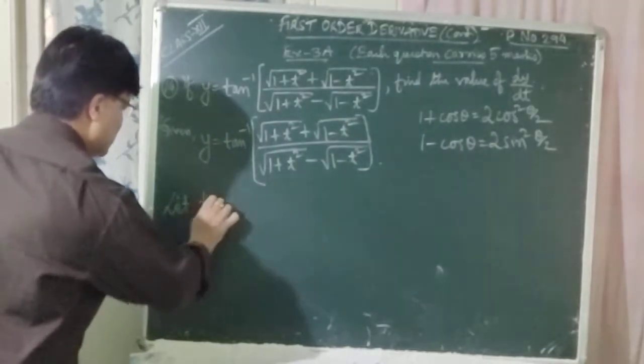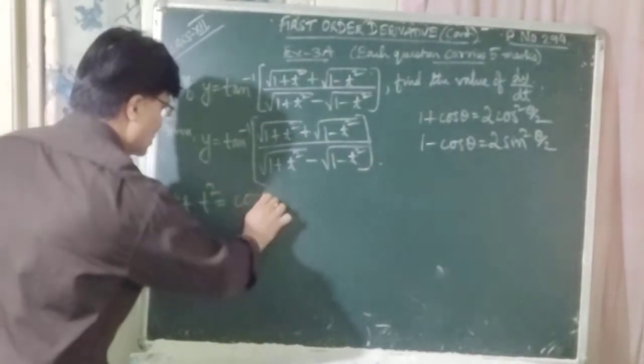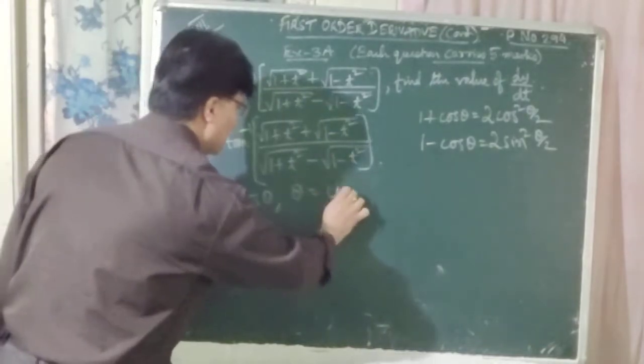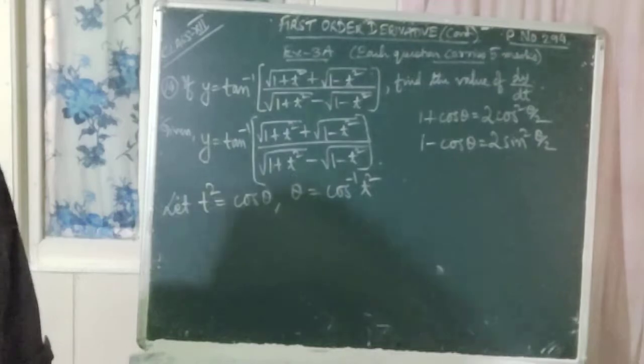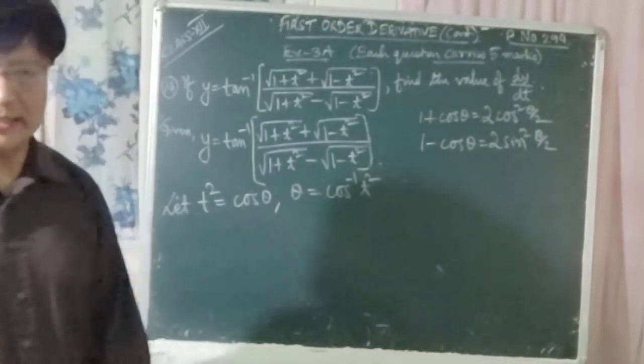So let t square is equal to cos theta. What is the value of theta now? It is cos inverse t square. So you have to get the value for theta also.